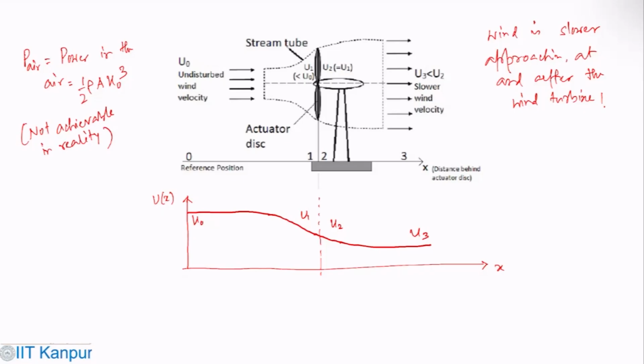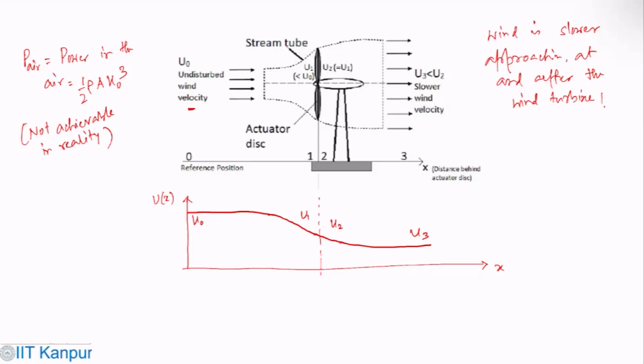At this reference zero position, this is the velocity that you have, and that much wind energy power is available. But this cannot be achieved in a practical scenario.